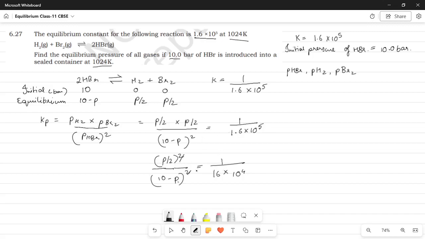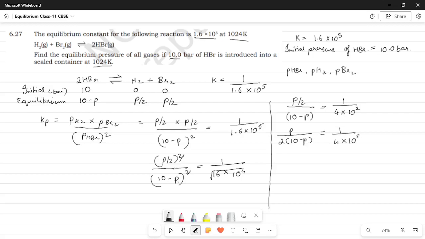So this will go away, this will go away, and then it'll be root over 16 into 10 to the power 4. So essentially, you get p by 2 divided by 10 minus p is equal to 1 divided by 4 into 10 to the power 2, or 10 square. So I'm just going to write this as p divided by 2 into 10 minus p is equal to 1 by 4 into 10 square.